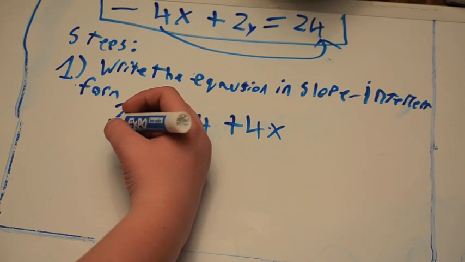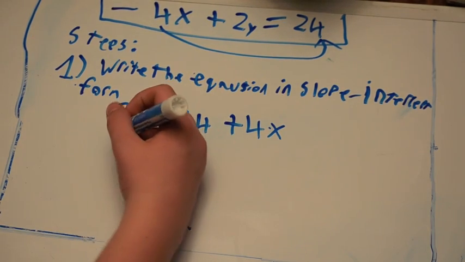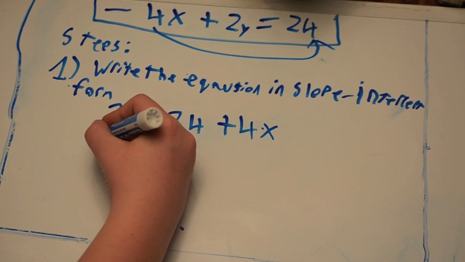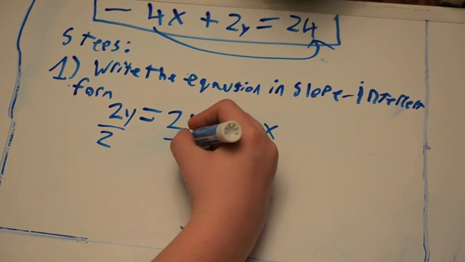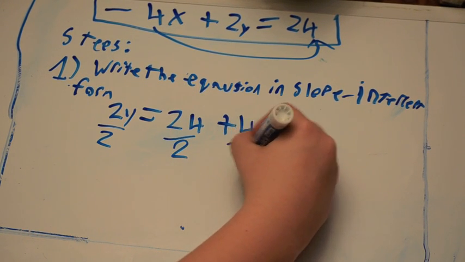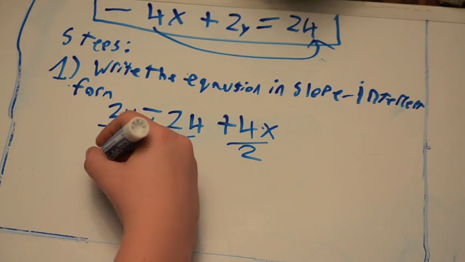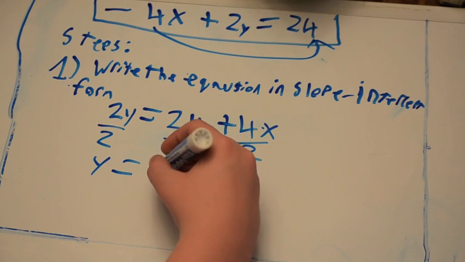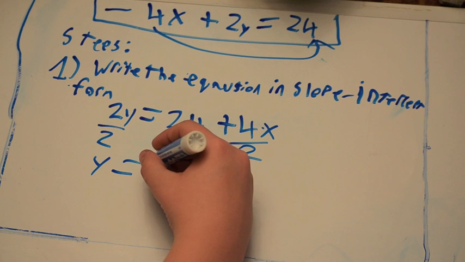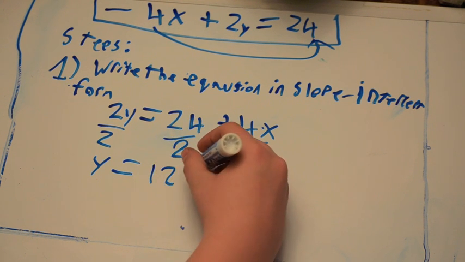Now, we're still not done yet because we still have 2y, and the purpose is to get y alone. So you divide everything by 2, and that includes 24 and 4. So you're left with y equals 12 plus 2x.